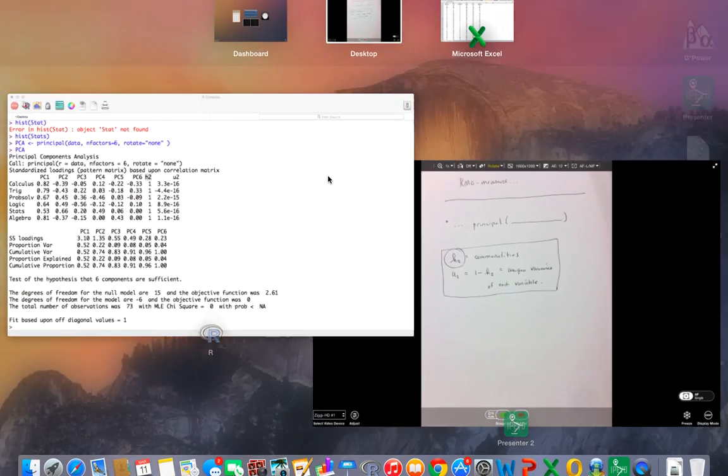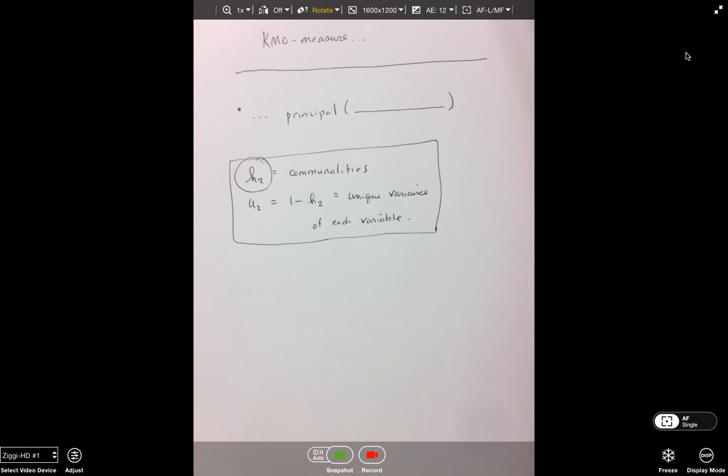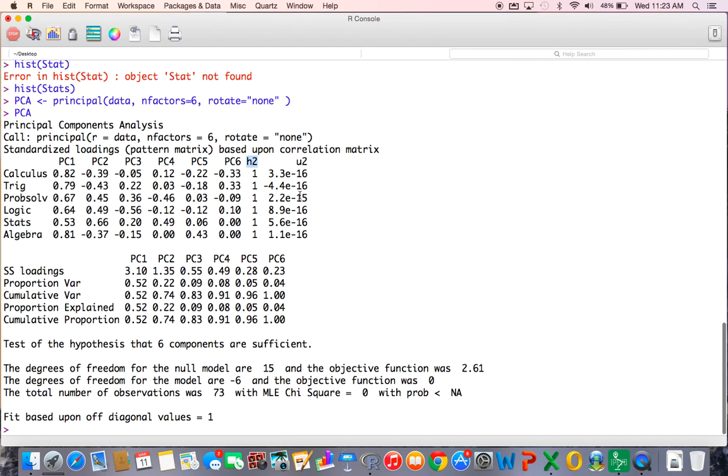And it's pretty not that exciting in this data set because all of our H2s are equal to 1, but we've retained all of our components. We have all 6 components without rotation. So you can think about this kind of as your saturated model.